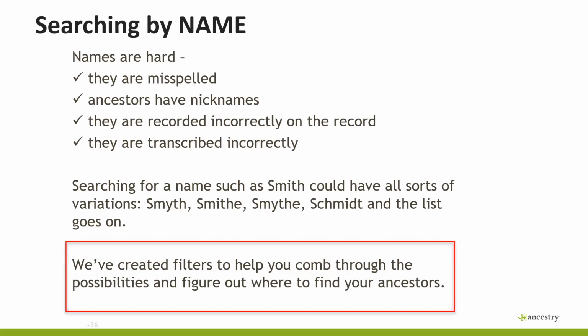And Ancestry will look for all of those variations. However, they might be on page 10 by the time it's gone through all of the other search results. And so what we've done is we've created filters to help you comb through the possibilities and figure out which one's your ancestor.